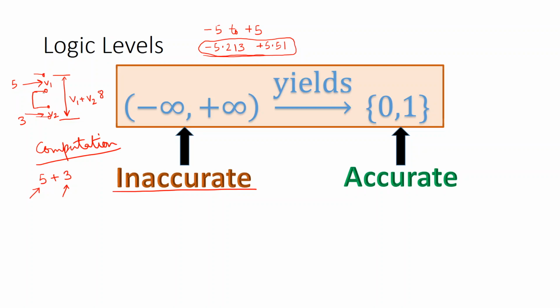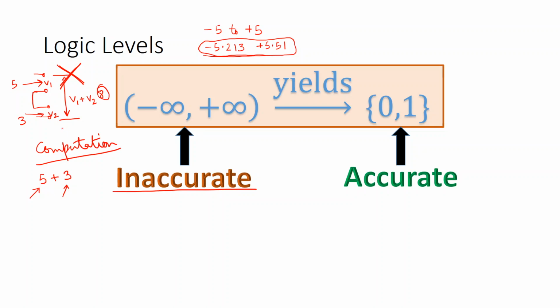But when you measure this V1, you will not get a 5, you will get something which is rapidly changing within some range. Here also you will not get a 3, and here also you will not get an 8. So this sort of addition circuitry will not work.